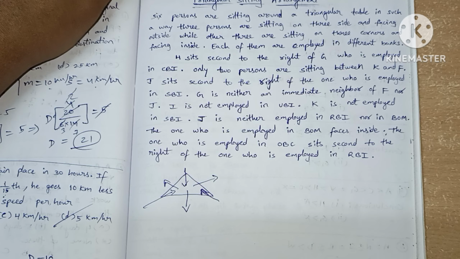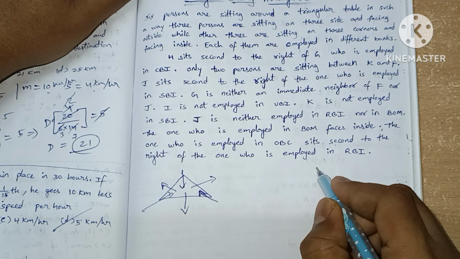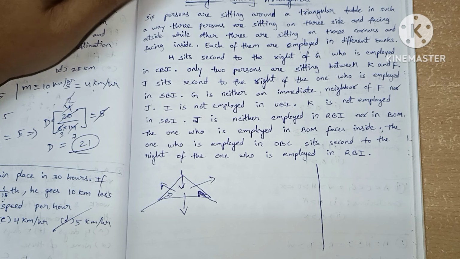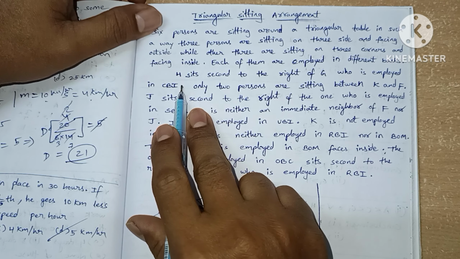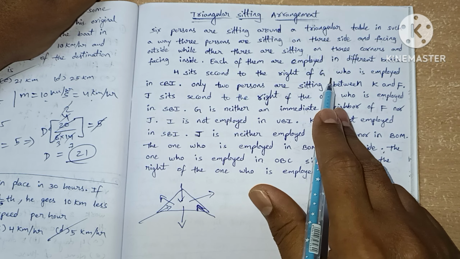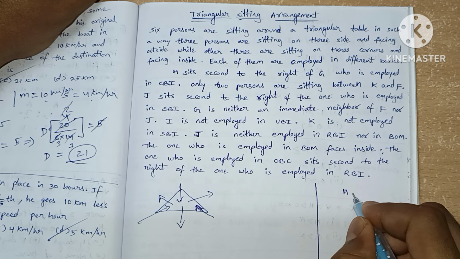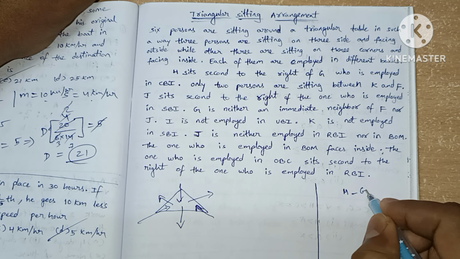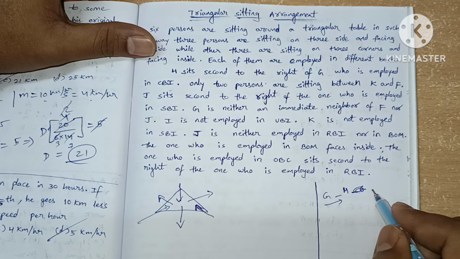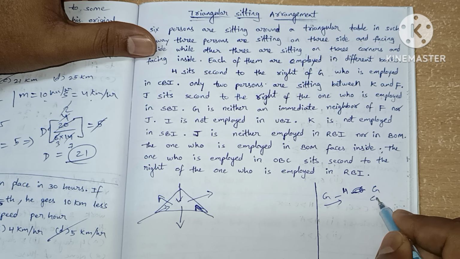Okay, let's note the rough statements on the side. H sits second to the right of G. G is employed in CBI.